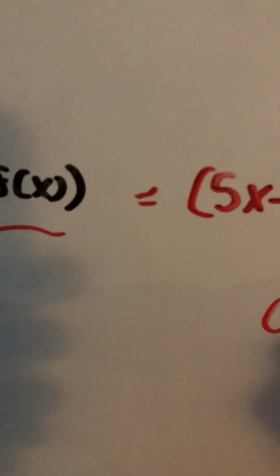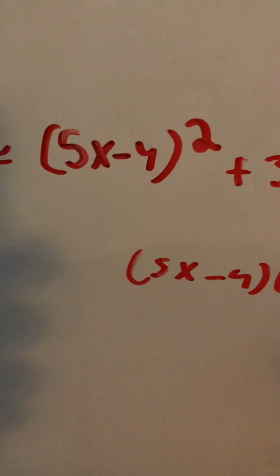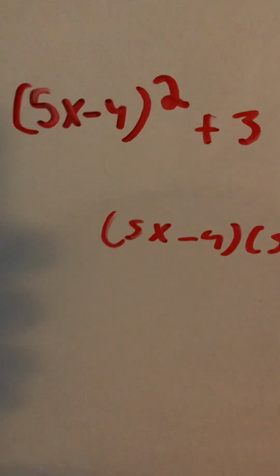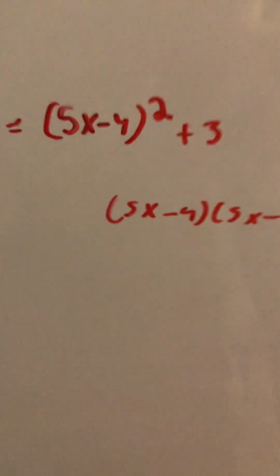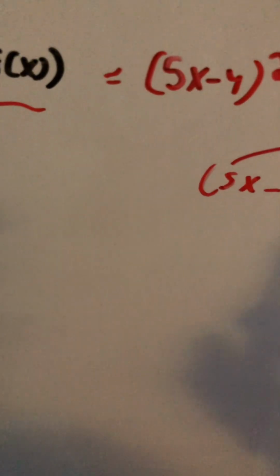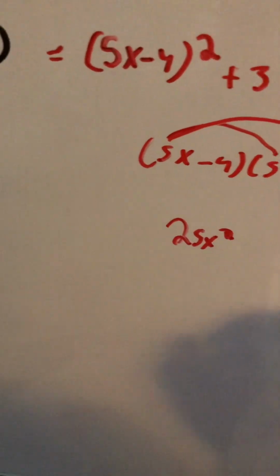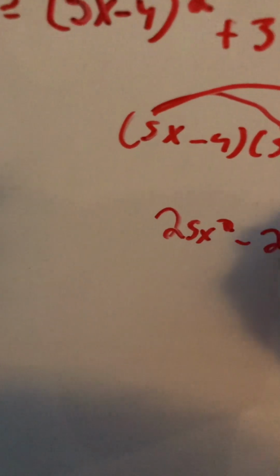So I'm going to expand this. I can write that as two terms: 5x minus 4, all squared, and then plus 3. Now I'm going to simply do some algebra here. So I'm going to FOIL. 5x times 5x is 25x squared. 5x times negative 4 is going to be negative 20x.